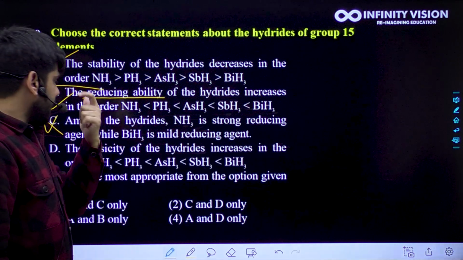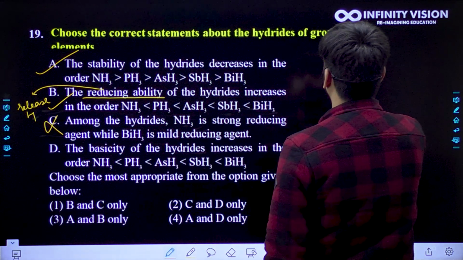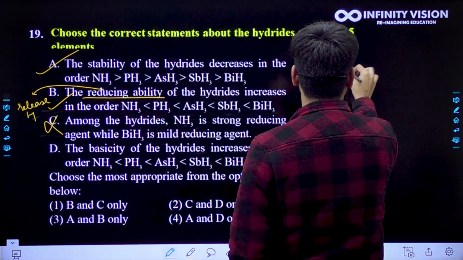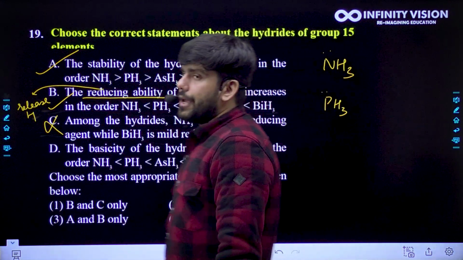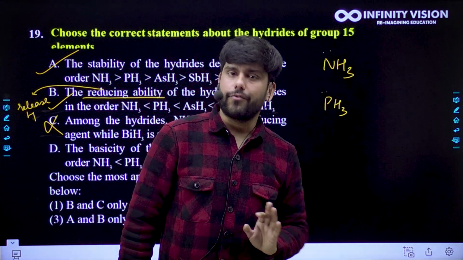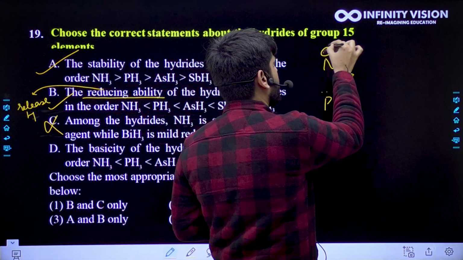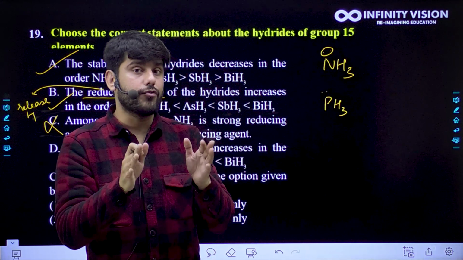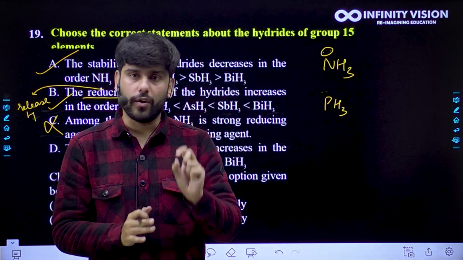The basicity increases in this order. Let me take the example of the first two, NH3 and PH3. Basicity means that we need to donate this lone pair of electrons. In the case of NH3, this lone pair of electrons is accommodated in a smaller volume.